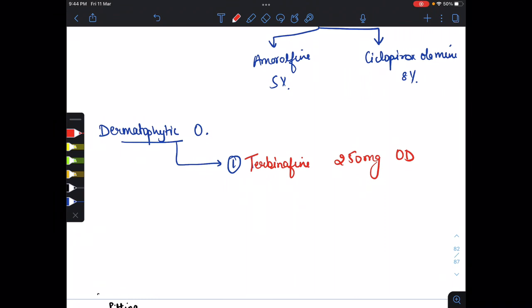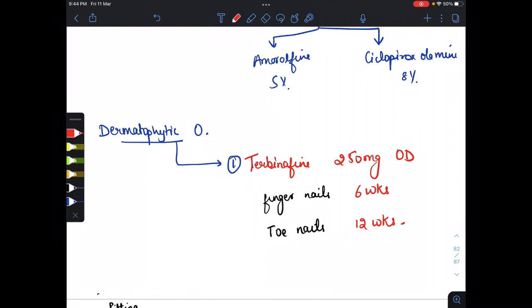And if the dermatophytic onychomycosis is in the fingernails or in the toenails, the duration will be different. In the fingernails, we have to give it for 6 weeks, while for the toenails we have to give it for 12 weeks.